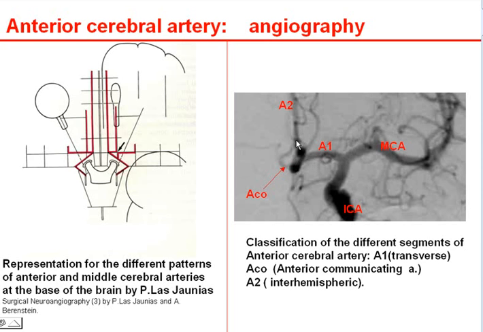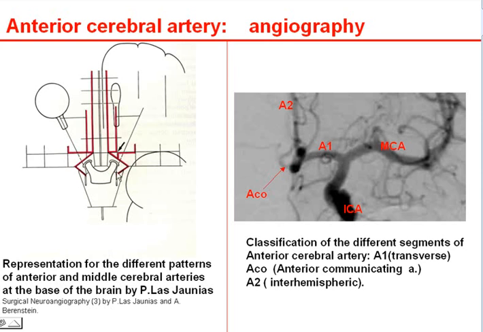And then the anterior cerebral artery comes up towards the interhemispheric fissure and runs within it. The proximal segment within the interhemispheric fissure is called the A2 segment, and it becomes the A3 segment at the genu of the corpus callosum. So if you pass the genu of the corpus callosum, that's A3.